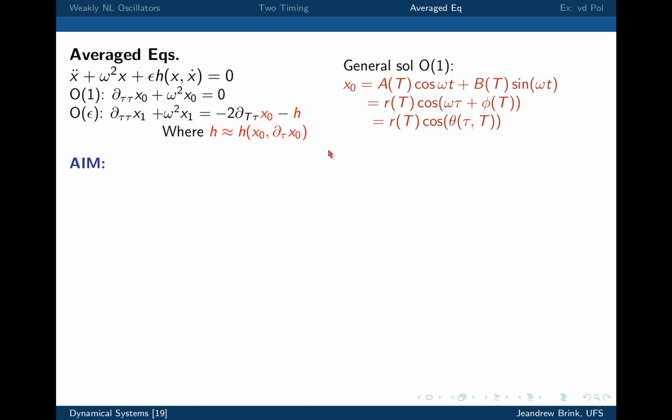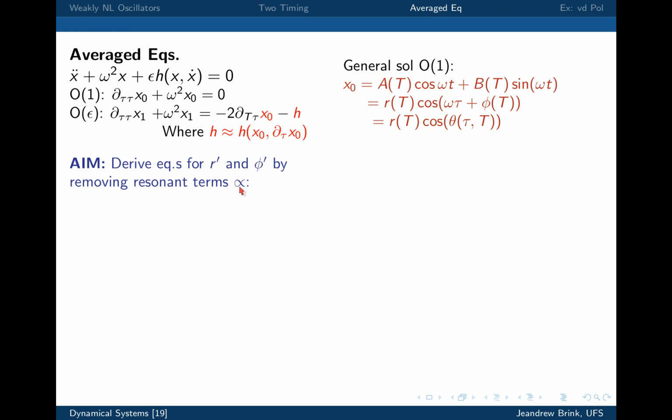So now the aim is basically to derive equations for r prime and phi prime in a way that you get rid of the resonant terms. So it's basically making systematic what we did in the previous example.